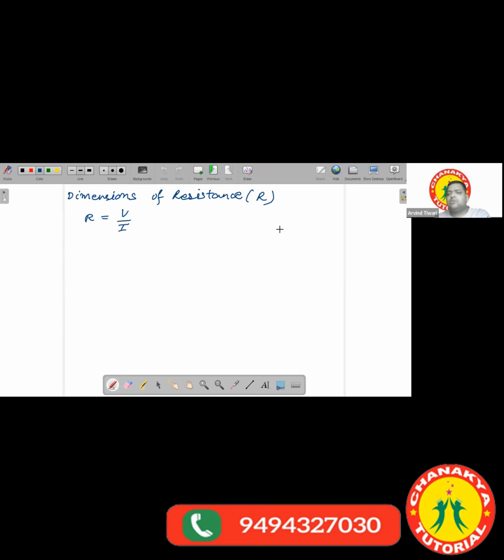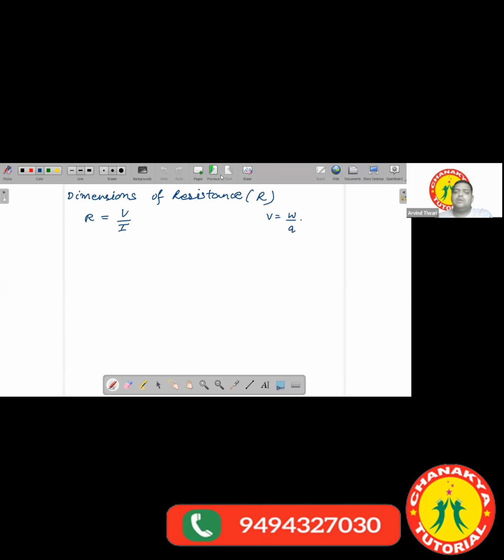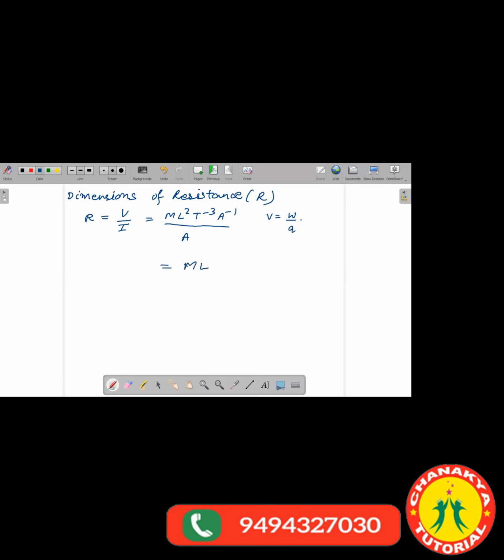V is equal to W by Q. You can use this relationship and obtain the dimensions of V. Or if you refer to previous notes, you have the dimensions of electric potential as M L2 T minus 3 A minus 1, divided by current, which is again A. So you will be getting M L2 T minus 3 A minus 2 as the dimensions of resistance.